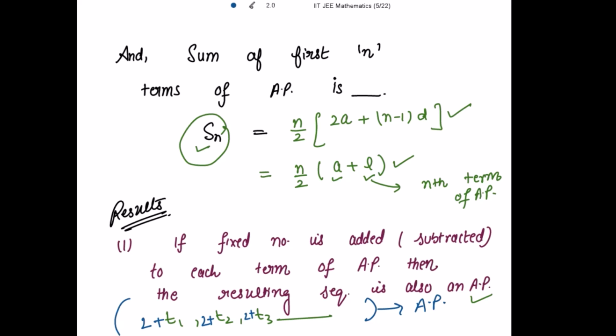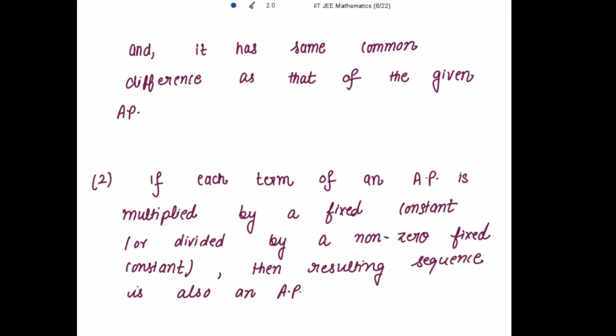Similarly, if you subtract a fixed number from each of the terms of an AP, then the resulting sequence is also an AP, and it has the same common difference as that of the given AP, right? The common difference is the same.